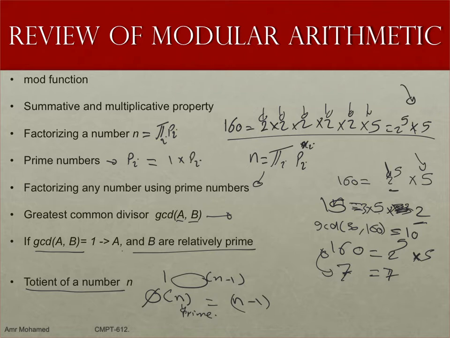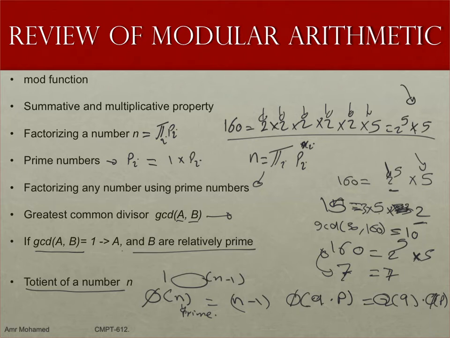And we can also use the multiplicative property for the totient. So the totient of Q times P is actually the totient of Q times the totient of P. So if both Q and P are prime numbers, it's simply Q minus 1 times P minus 1.